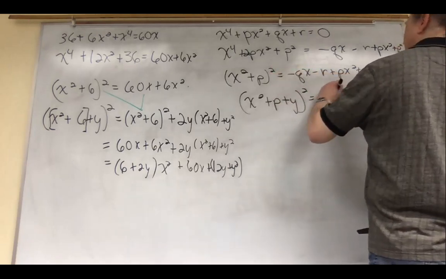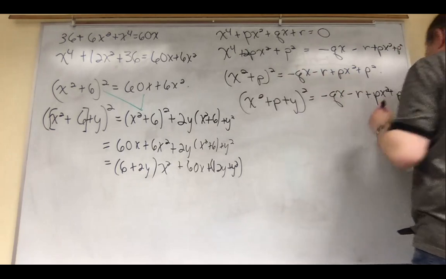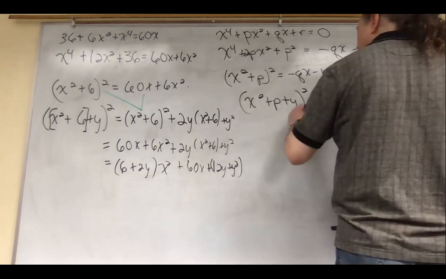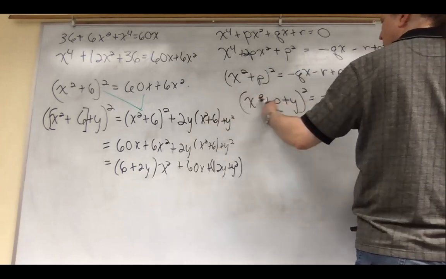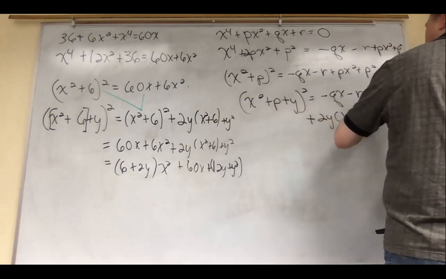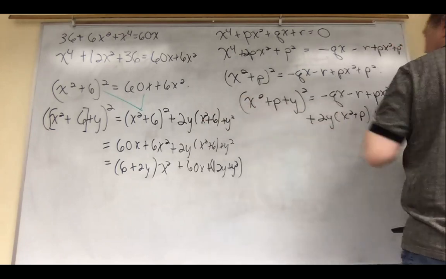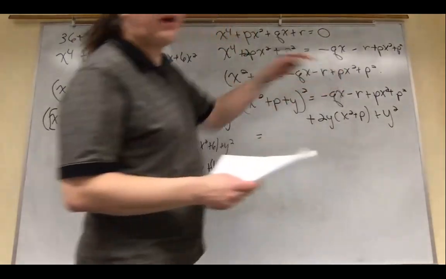So that's the first part. And then we have the same thing as we did here. 2 times y times x squared plus p, and then y squared. All right. And then we do algebra over here.